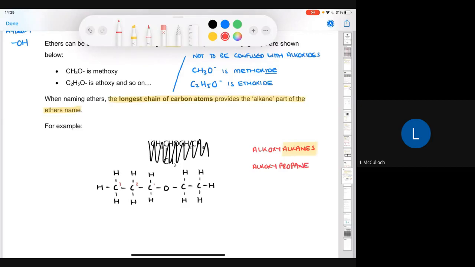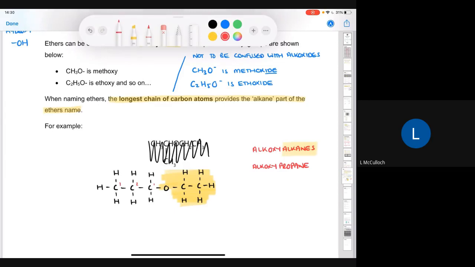And then let's go and name the alkoxy bit. Now, essentially, this is acting like a large branch coming off of the longest chain. It's probably one of the most effective ways to think about this. It doesn't look like a branch, it looks much too large to be a branch. But if we think about it as being like a branch, it does make this a little bit easier.